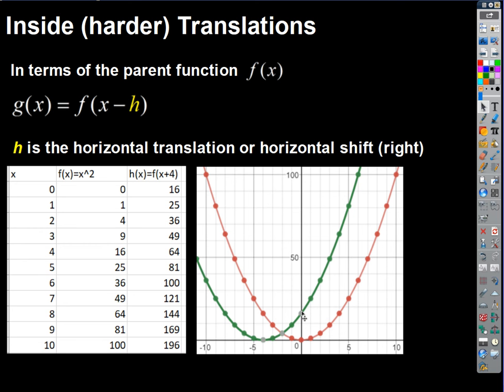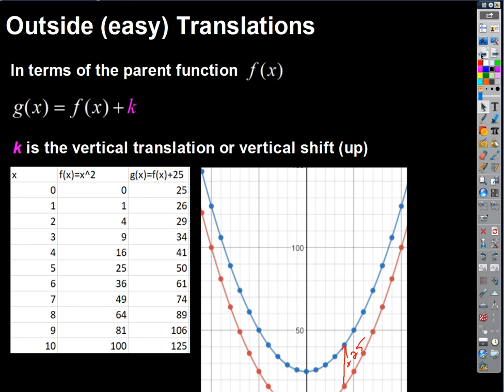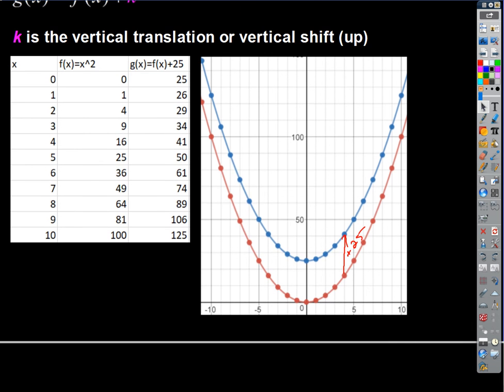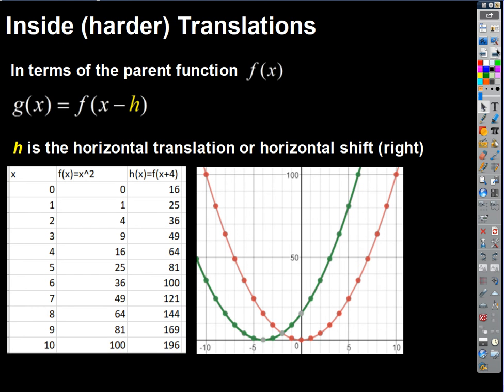So when we added a value to x, it moved the original parent graph, the starting graph, we call it a parent graph in math. It moved it left by the amount that we added, correct? Now, just like we wanted to define a vertical translation in terms of the positive movement, which in the y direction is up, we also want to do that with a horizontal translation or shift.